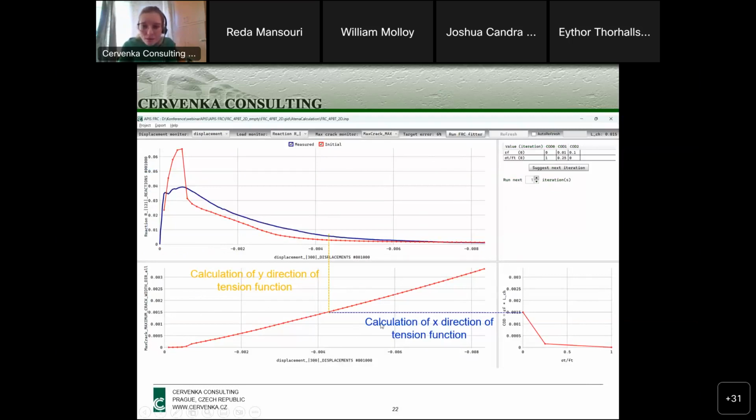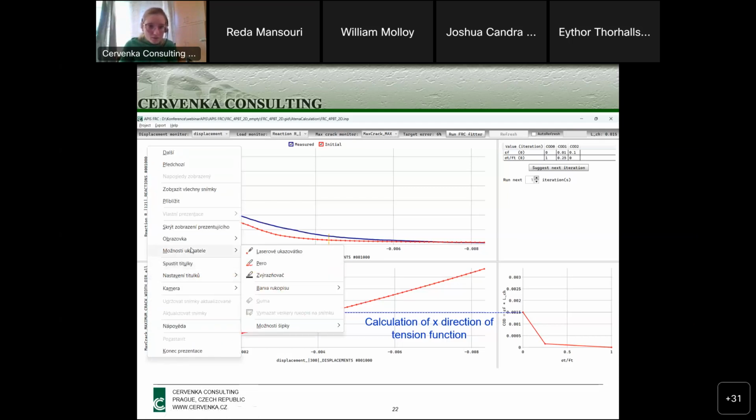Yes. So in this diagram, I wanted to point out the procedure of the optimization in APIS, and it shows you why we need those monitors that are specified there. The first one where we are starting with the optimization basically is the maximum crack width.